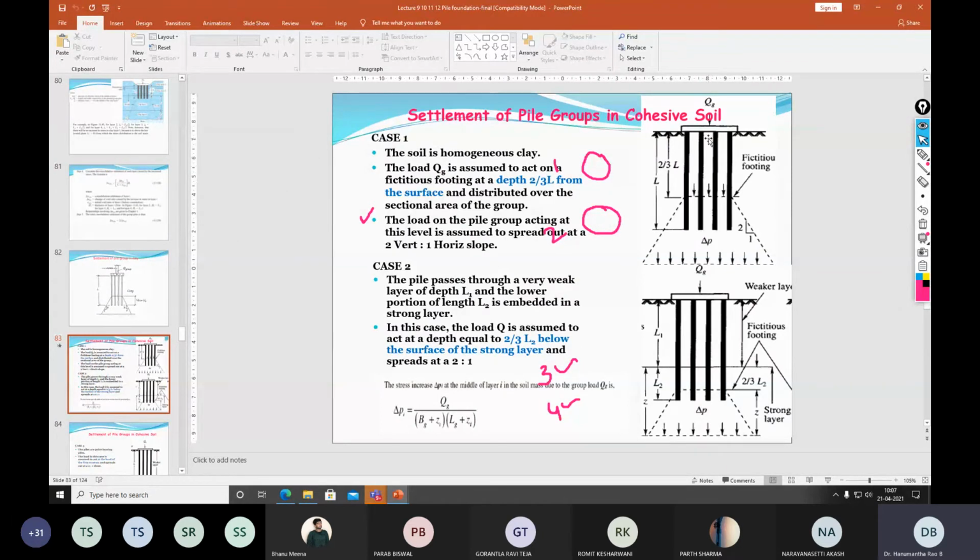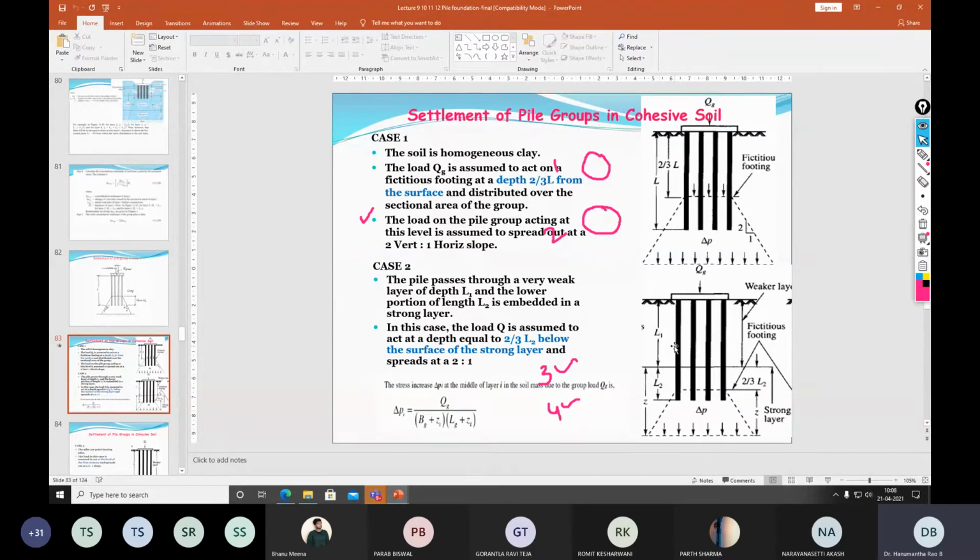In case 1, the piles are embedded relatively in hard strata, where if L is the total length of the pile, you need to locate the equivalent footing approximately at a depth of 2/3 of L from the pile bottom. In case 2, the piles are embedded such that the soil L1 is a weak layer, and we assume that this weak layer doesn't contribute to any frictional resistance and thereby to the consolidation as well.